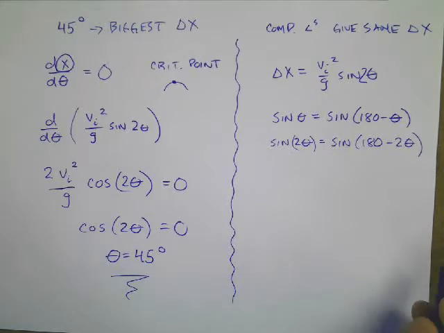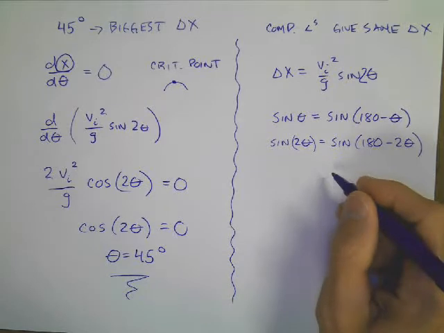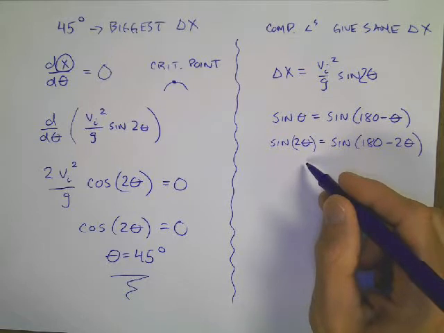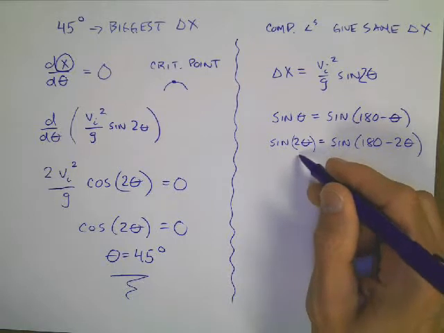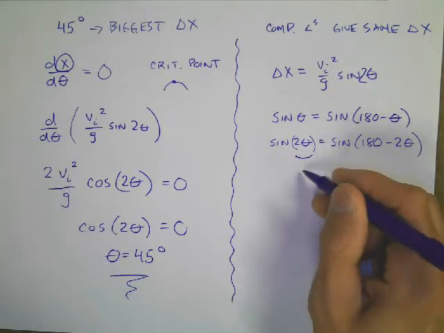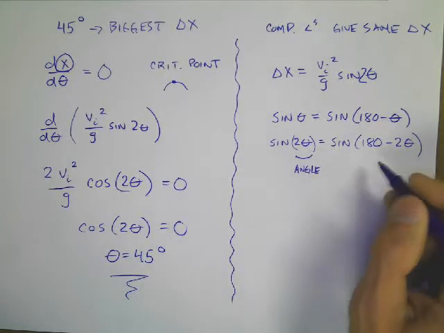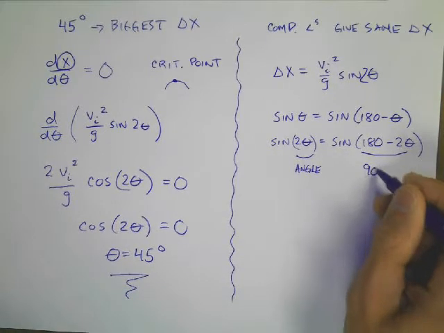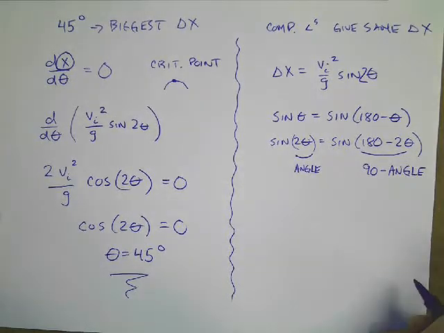Okay, and so that is saying that, if this is the angle you're talking about, 2 theta, then half of that would be 90 minus that angle.